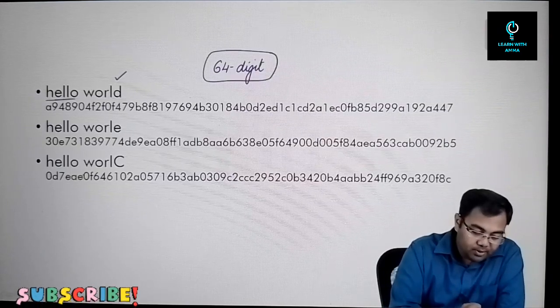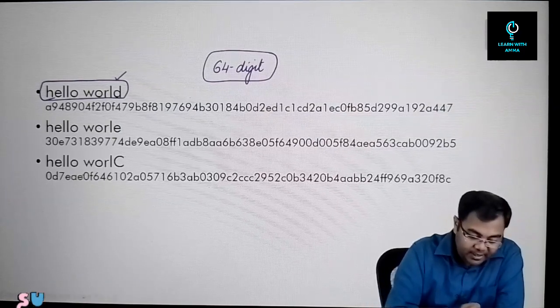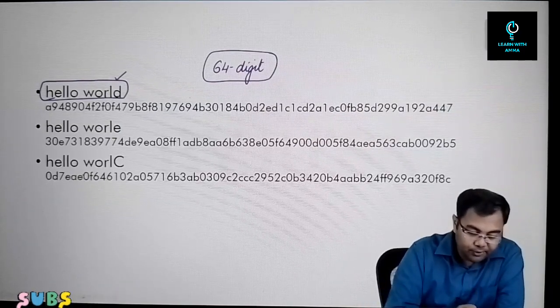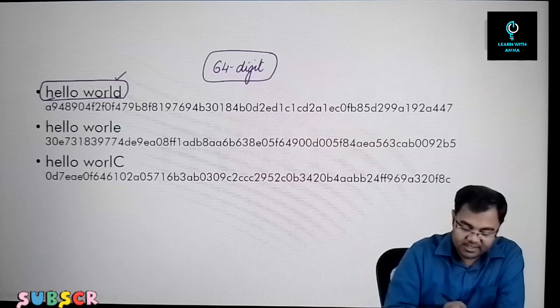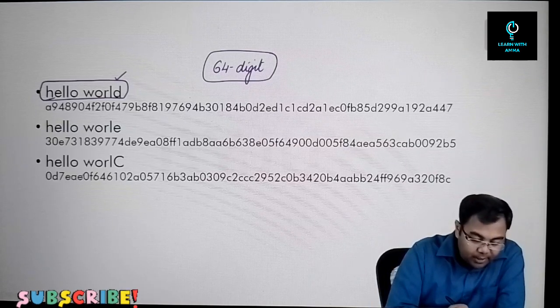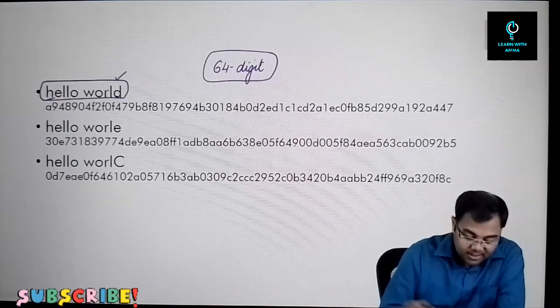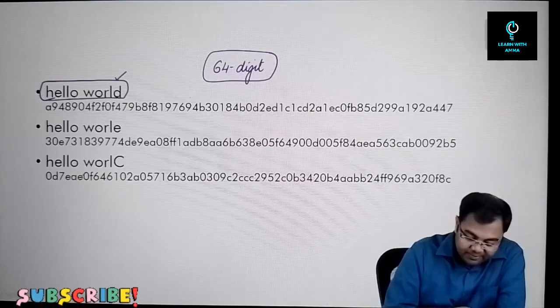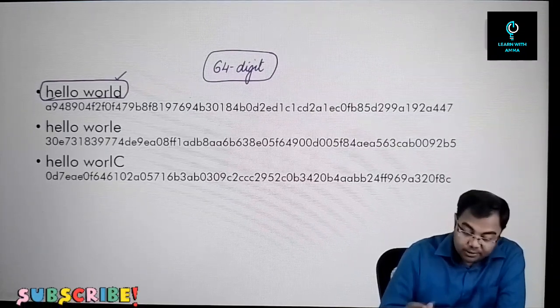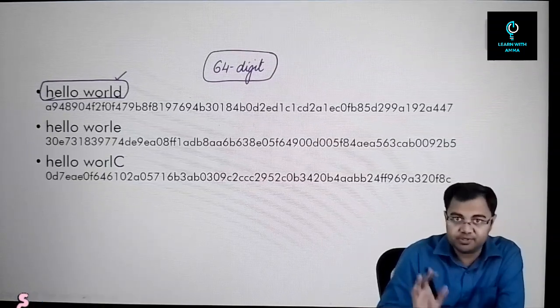So let's say for hello world, the hash is this, A9489 dot dot dot, a 64 digit number. If instead of hello world it was hello world E, then as you can see, the hash completely changes. If it is hello world C, it completely changes again. So correctly guessing the output according to the input is almost impossible.